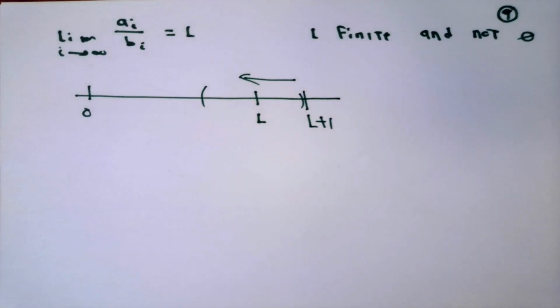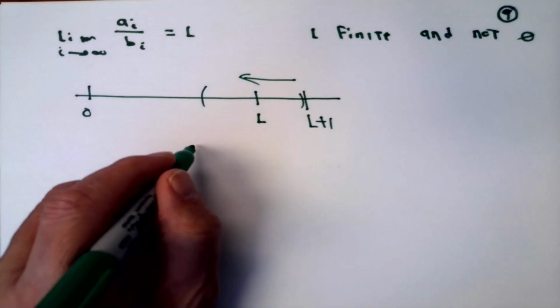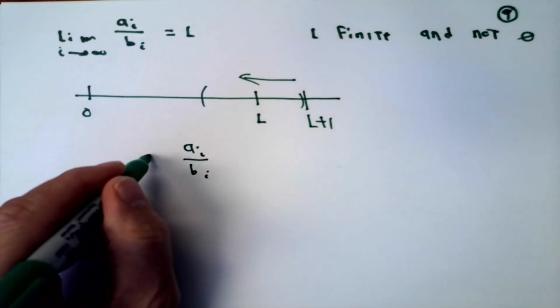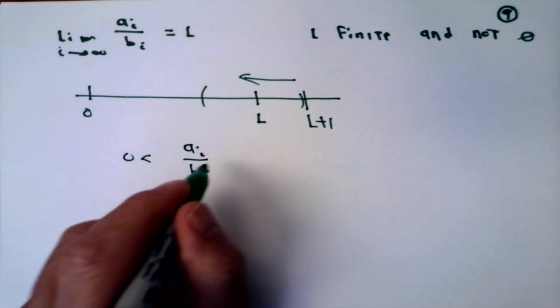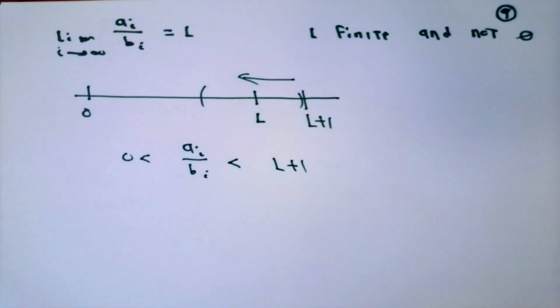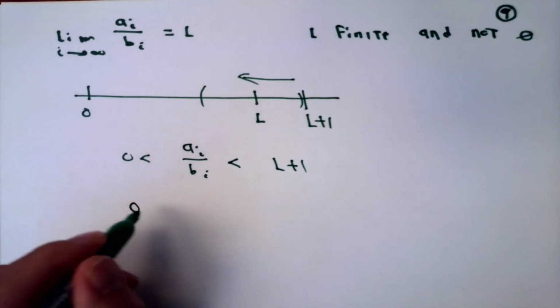Pick any number that's convenient for you. Beyond a certain index, it certainly has to be true that a_i over b_i, which is positive, is less than the constant number L plus 1. Since b_i is positive, you can multiply through by it.